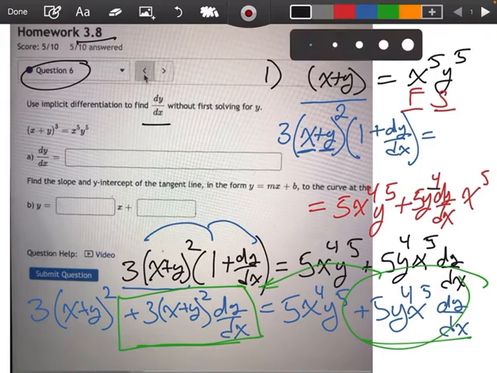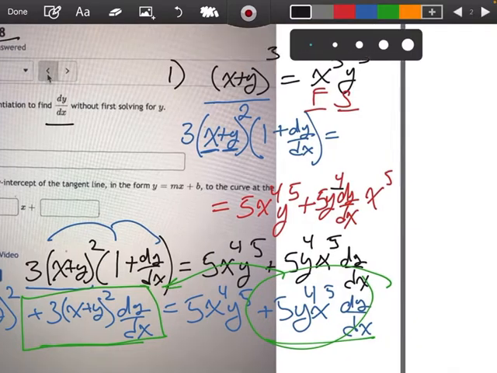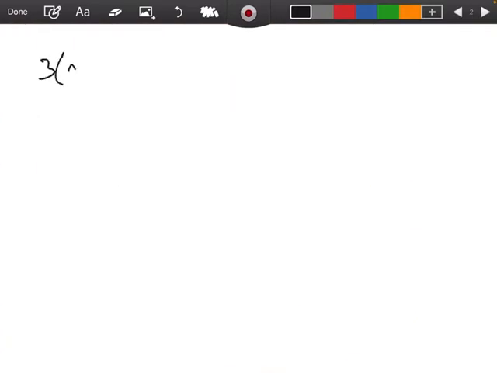So let me do that on the next slide. I'm going to put 3(x + y)^2 dy/dx.